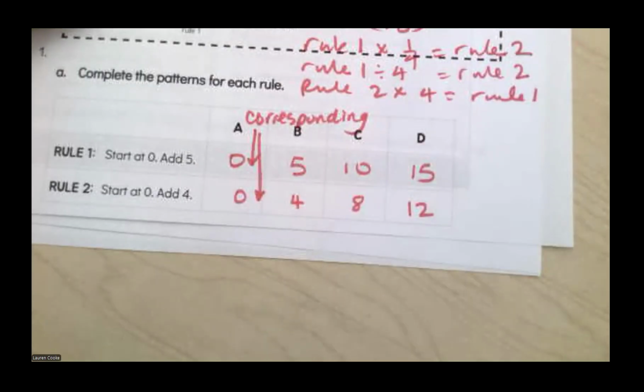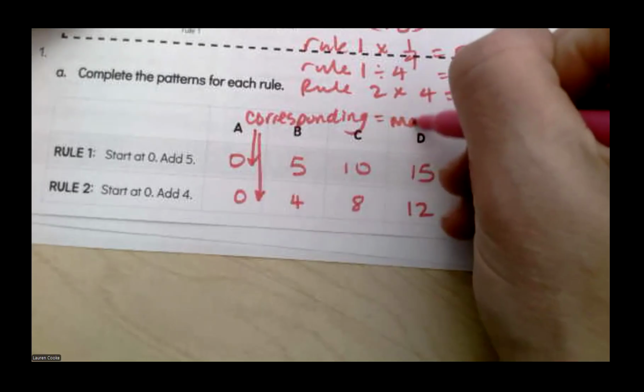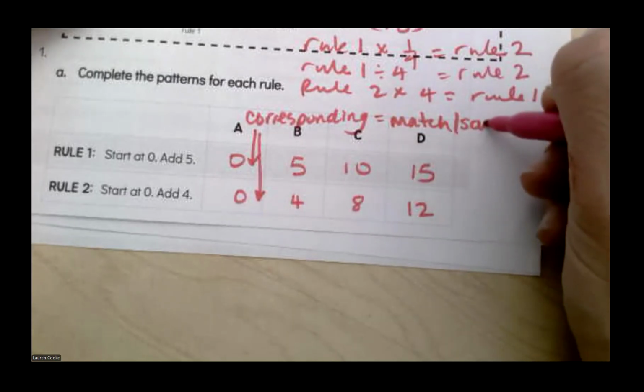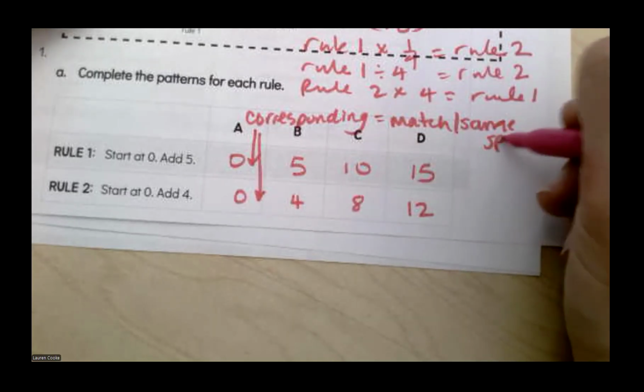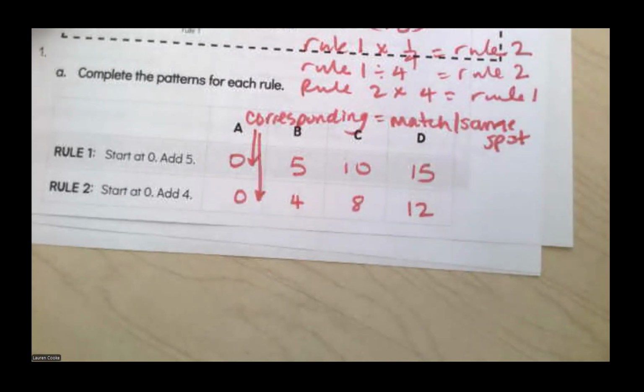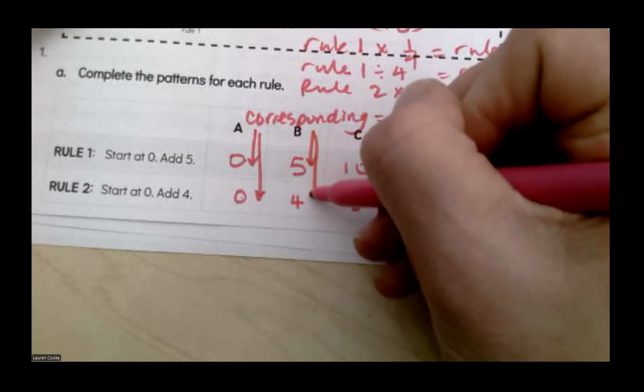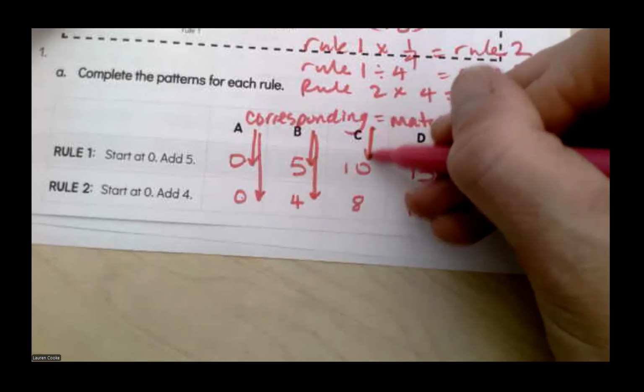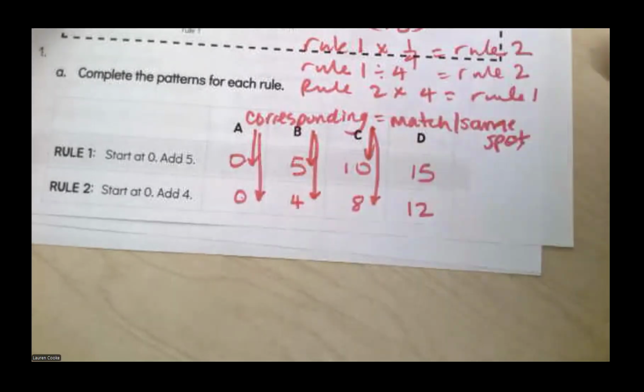Like congruent means equal, corresponding means match, and in the same spot. And we talk about that with angles and obviously locations and points. So 0 corresponds to 0, 5 corresponds to 4, 10 corresponds to 8. Those are corresponding, they're matching.